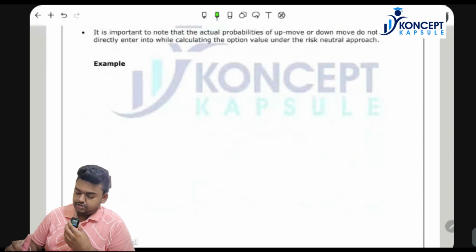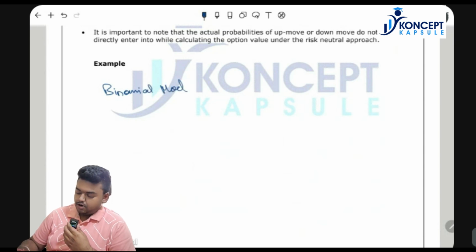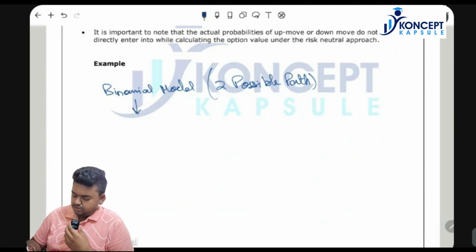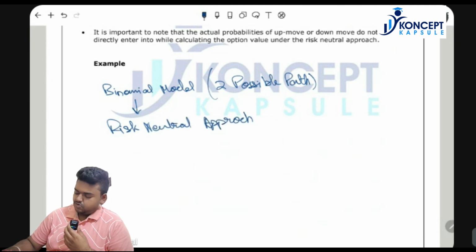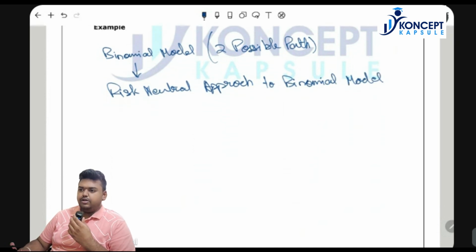So first we learned what a binomial model is. The binomial model is saying two possible paths. Then we come to the risk neutral approach to the binomial model.